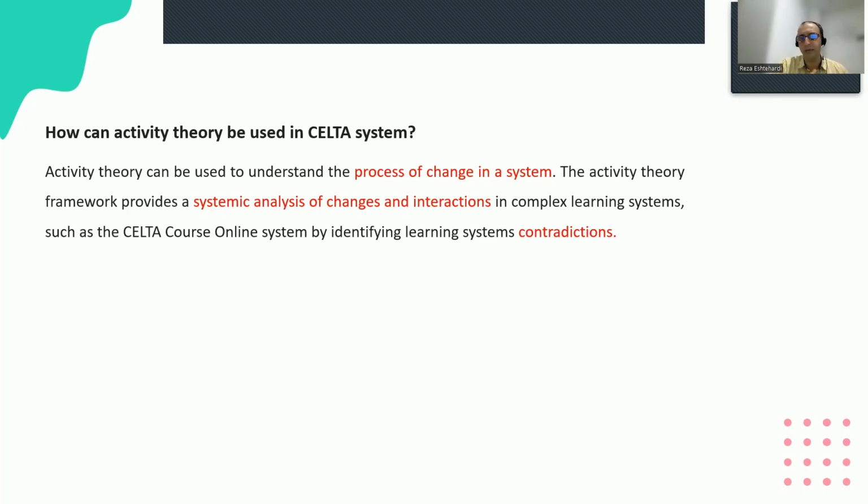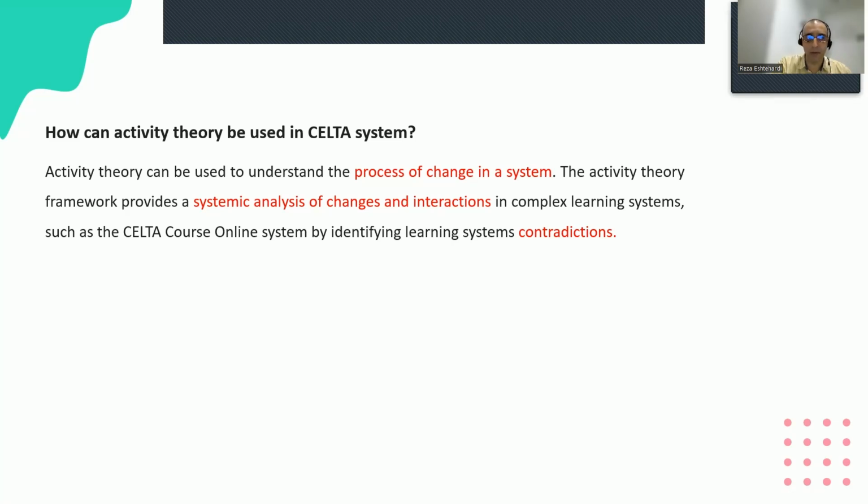If we have this outlook, this understanding that every system is in the process of change for the betterment of the system, then we can always find ways to improve our systems. This is one of the reasons that I chose activity theory, because it always looks for ways and strategies to make systems better.